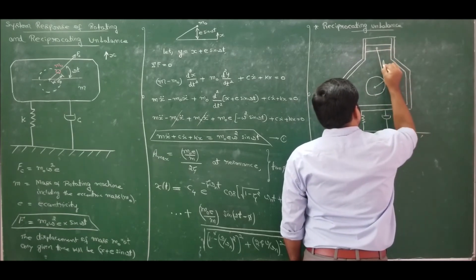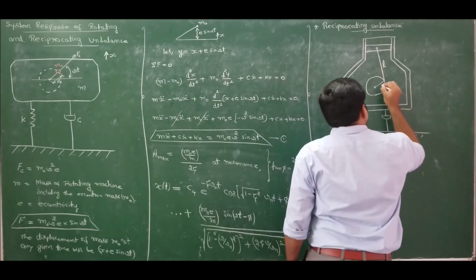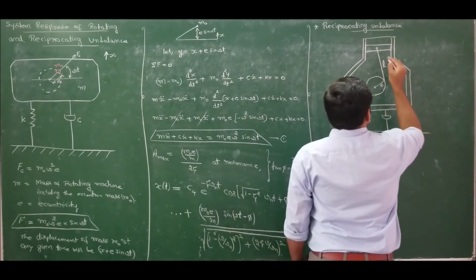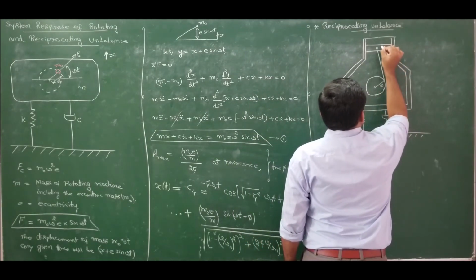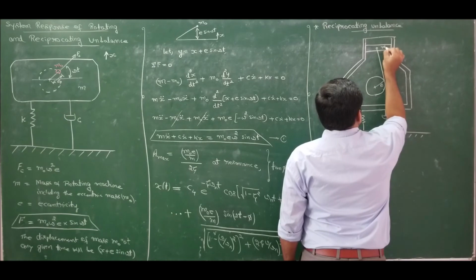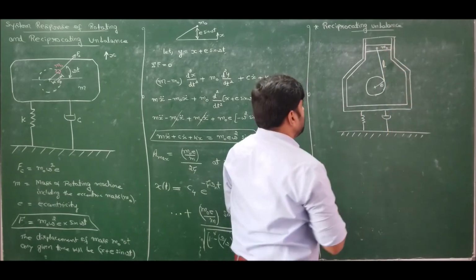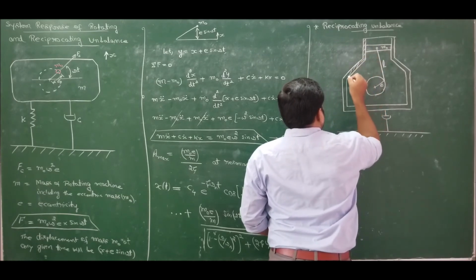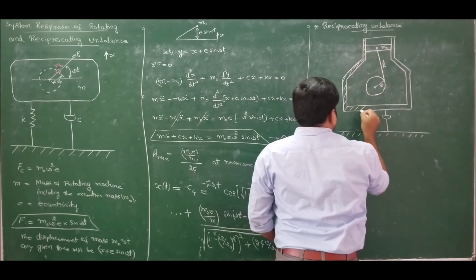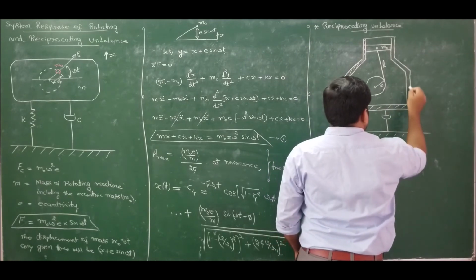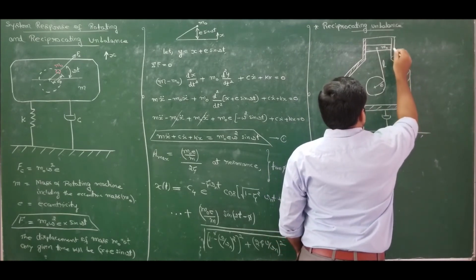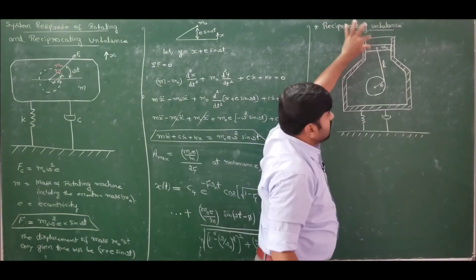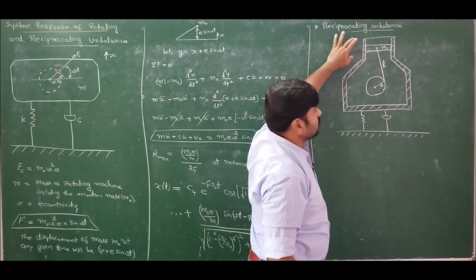Let L be the length of the connecting rod and eccentricity E be the length of the crank and m0 be the mass of reciprocating part. So let us consider an IC engine having the reciprocating mass of the piston as m0 as shown in this figure. Now this piston will reciprocate to and fro, correct?